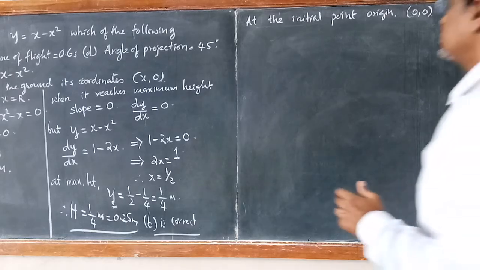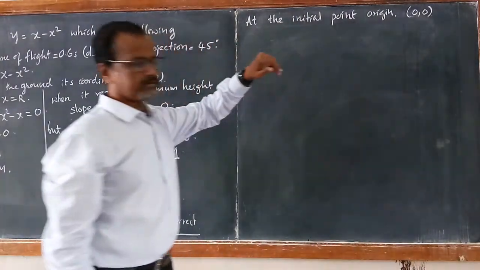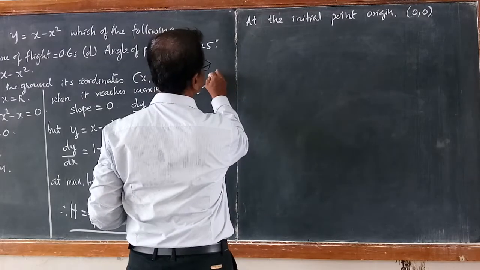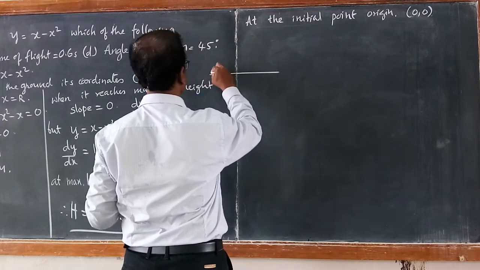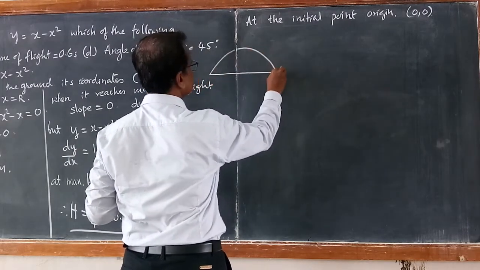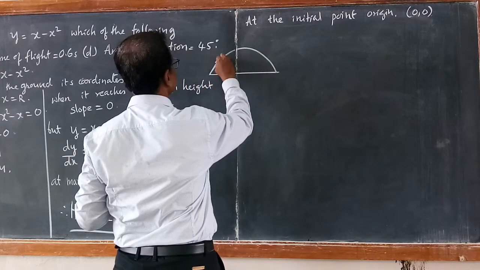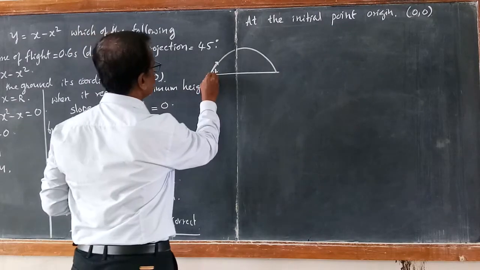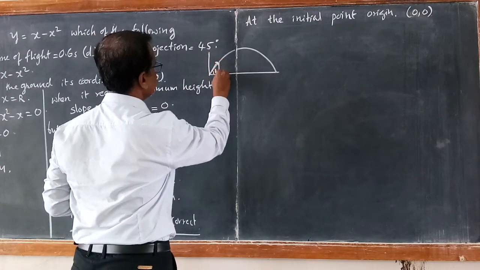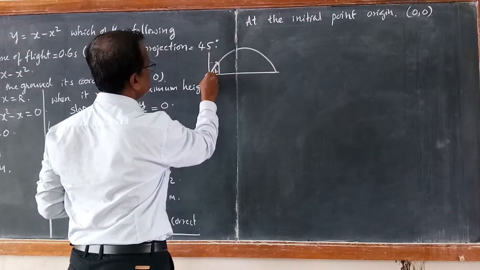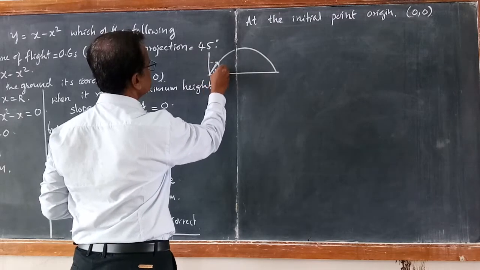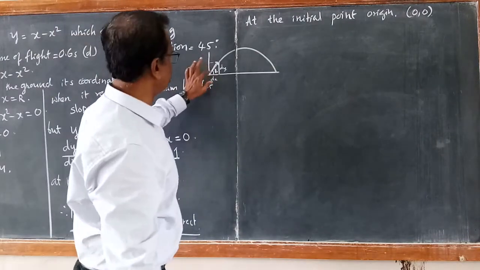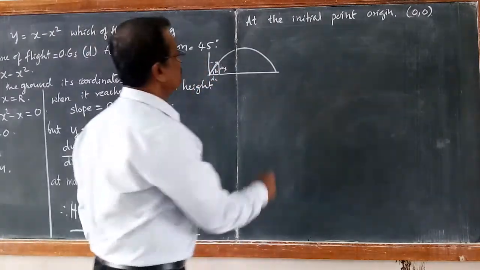If you draw a rough diagram, which we have already drawn, here this is the angle of projection. If you take this one as dy and this one as dx, then from the definition, slope becomes equal to dy by dx.